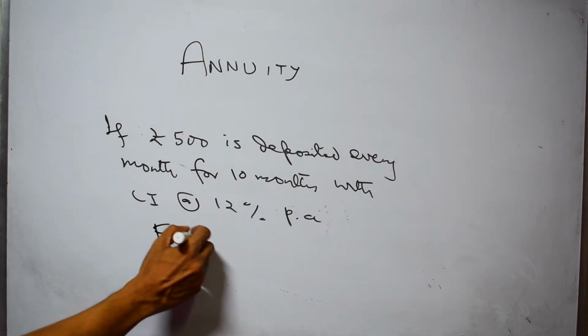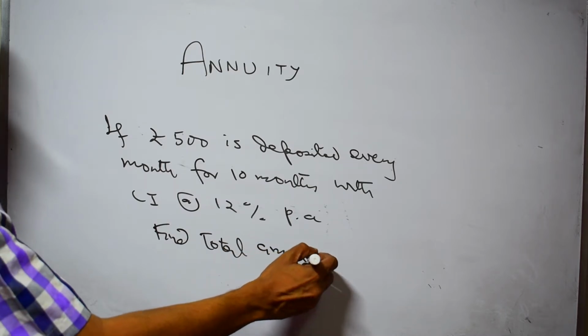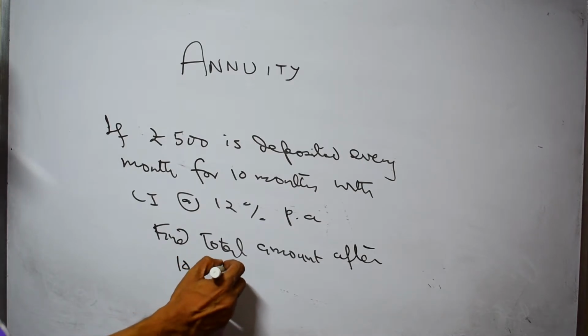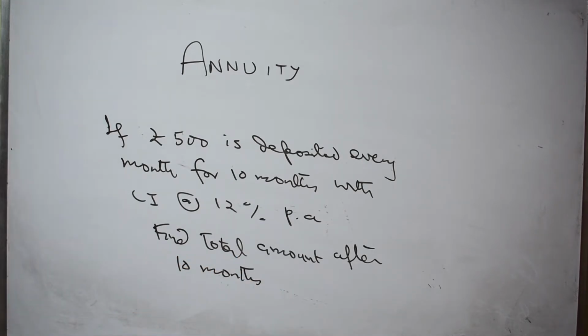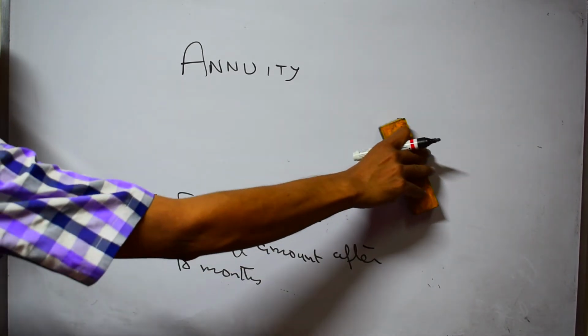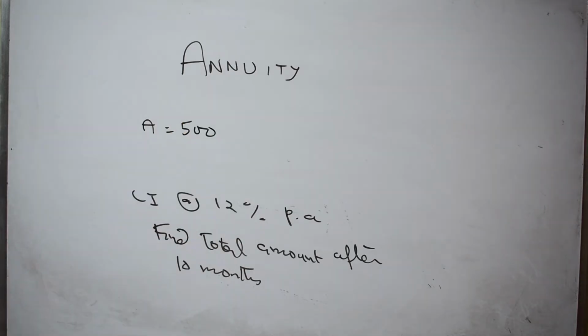Find the total amount after 10 months. So here what we are finding, A, that is the installment per month, is 500. In this question A is 500. This is the installment amount.